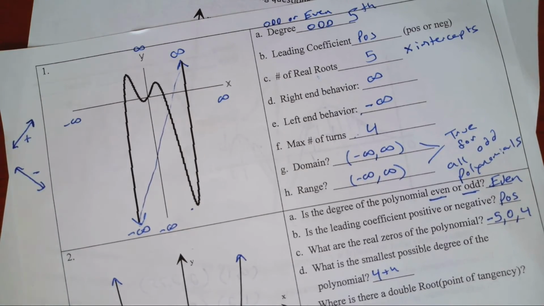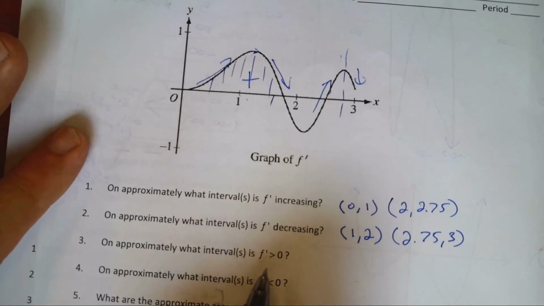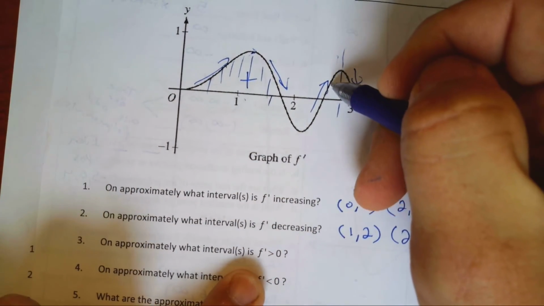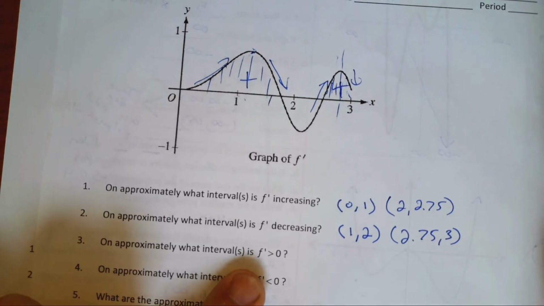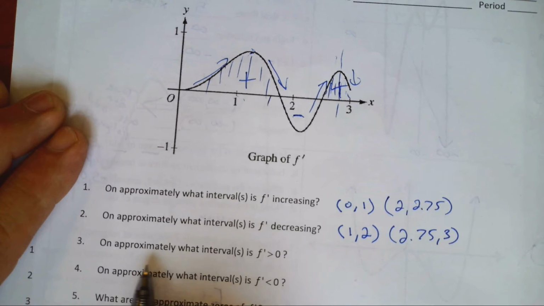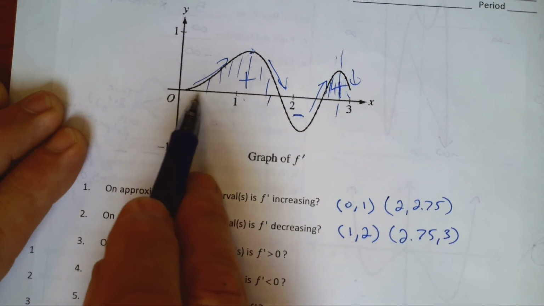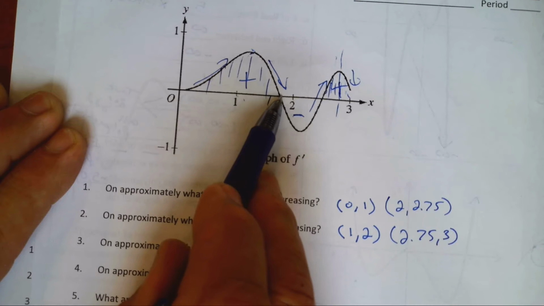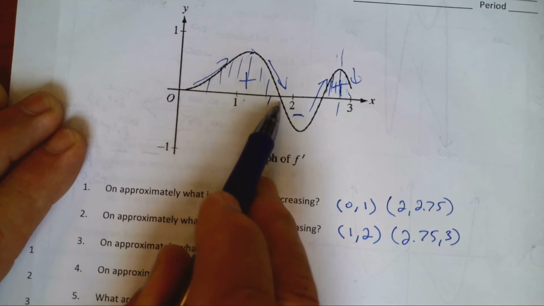All right, so the positive sections are like here, right? These are positive parts. This would be like a negative part. So on what interval is it greater than 0? From 0 to, I don't know, this would be like, I guess, 1.75.